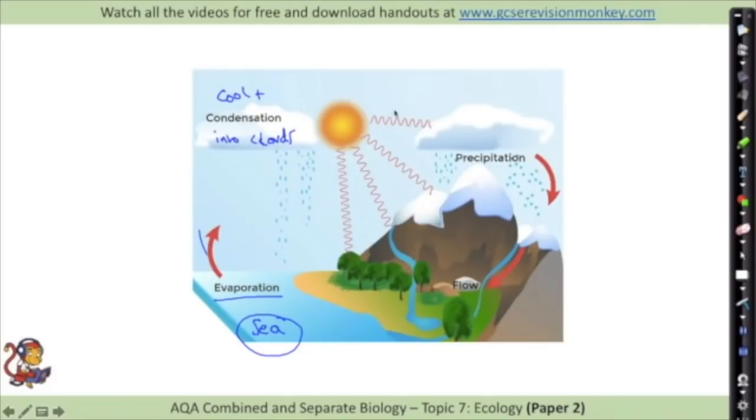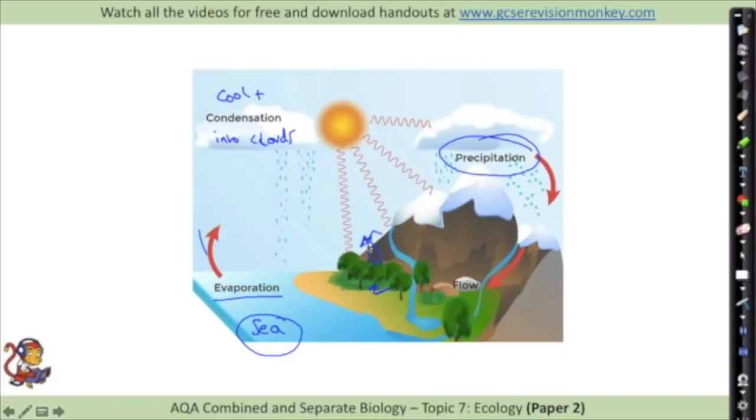As those clouds move around, at some point they will turn into rainfall, and this is called precipitation, and that rain will fall back down onto the earth. At this point it might flow, for example, into rivers, straight back into the sea, or it might get taken up by plants, and when plants take up water, that water can then be evaporated from their leaves.